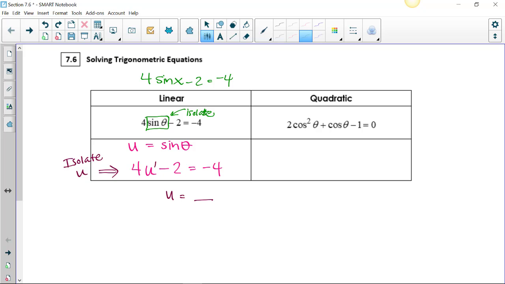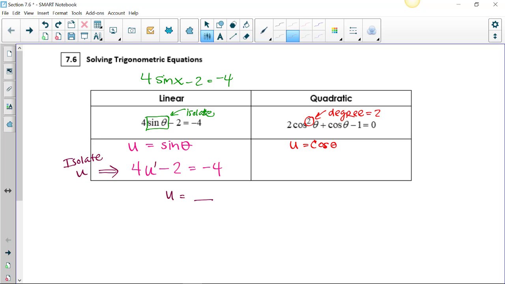Over here, I can see that this is quadratic because my trig function's highest power is squared, so we say it's degree 2. So if I let u be cosine theta, then everywhere I see a cosine theta, I'm going to put a u.